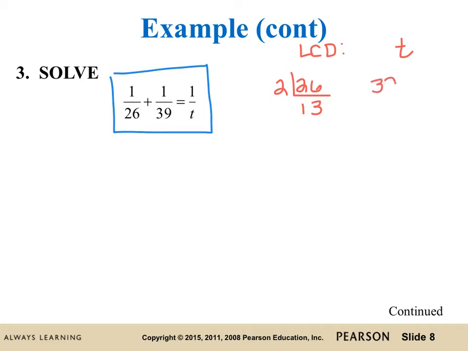Then we have 39. 39 obviously is not even, so we'll try dividing it by 3, and we find that 3 goes into 39 13 times, so there again we have 3 times 13, and that means that our least common denominator needs to have just one 13, plus it needs to have a 3, and it needs to have a 2.